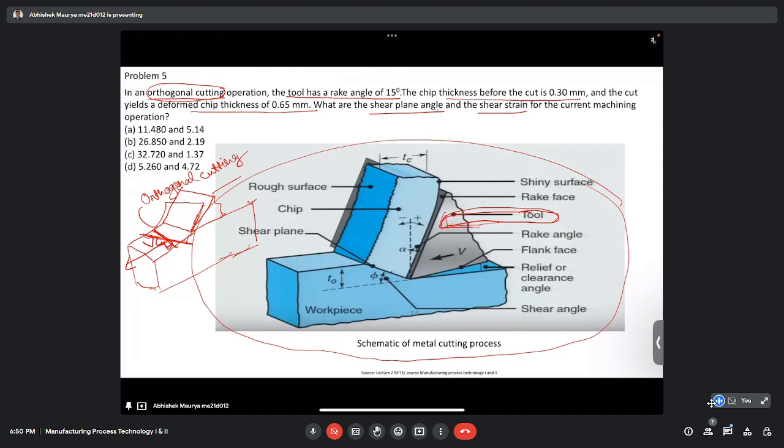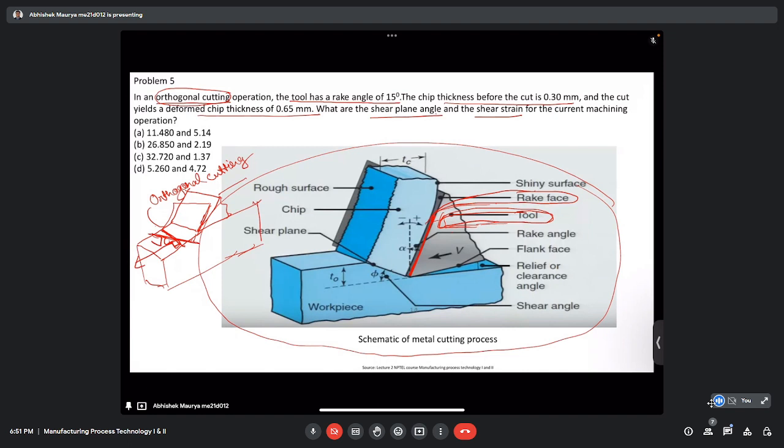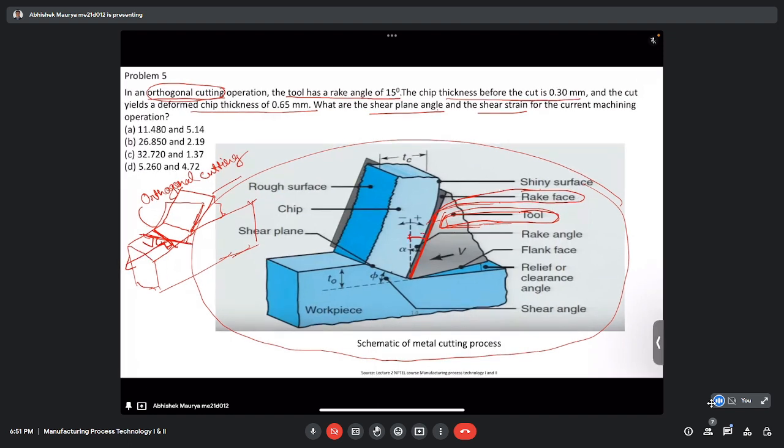So here we have a tool, and this surface is called the rake face. How much angle does the rake angle make with this perpendicular? What is this perpendicular?